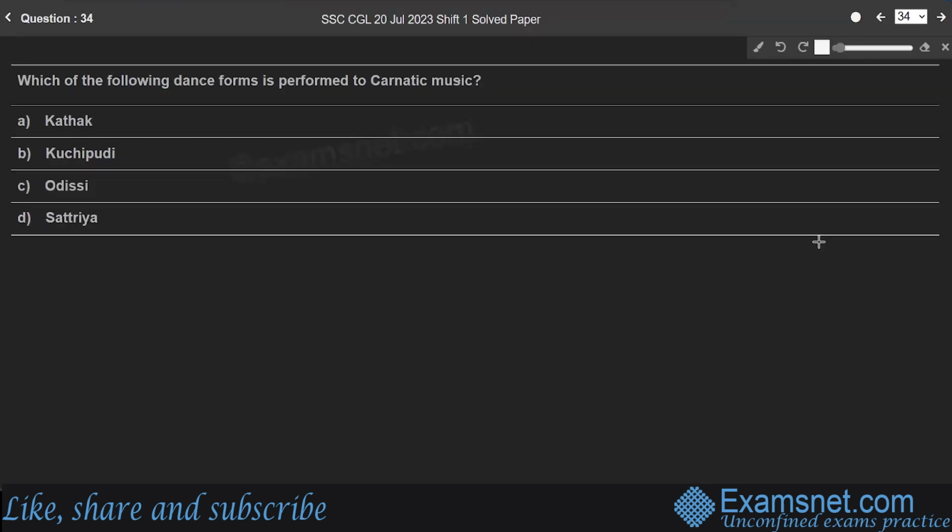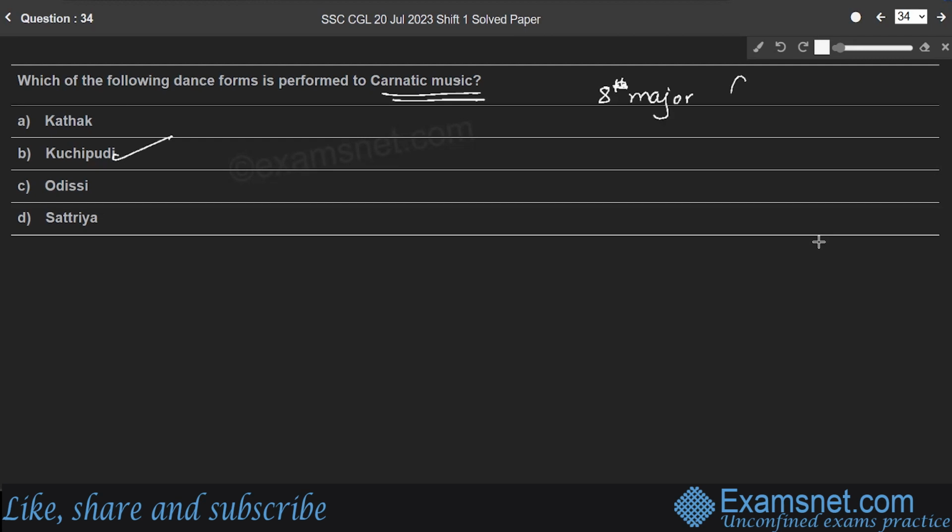Question 34. Which of the following dance forms is performed to Carnatic music? Here, the Kuchipudi dance form is performed to Carnatic music. Students, Kuchipudi is one of the 8 major forms of Indian classical dance.